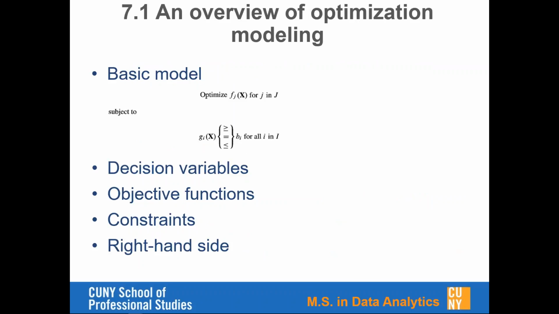And then when we continue, we say that the basic model is just trying to optimize a certain function, and that function is a function of x. The x could be a vector, for all the j's belonging to a bigger J. That's our basic model, and that function is called the objective function.